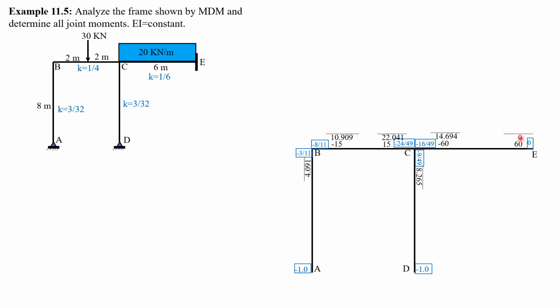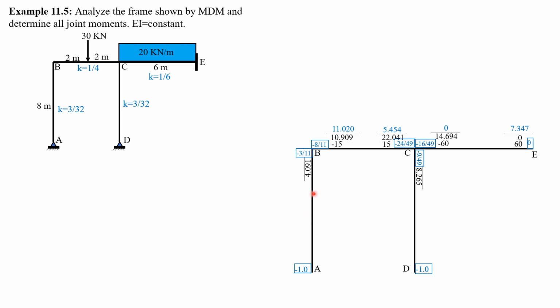So the carry over: half of 0 is 0, then half of 14.694 here, half of 22.041, 11.02, half of 10.909 here. Don't mind this because there are no loads here, no moments to be distributed.